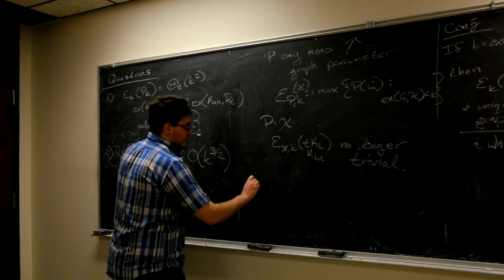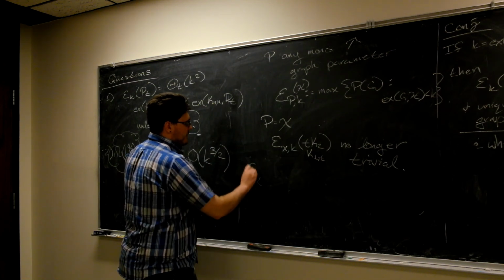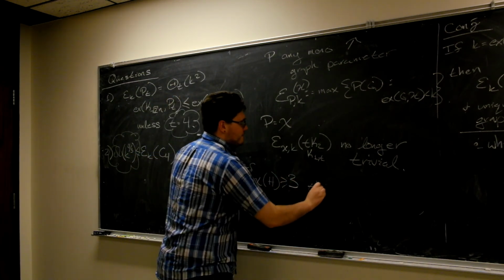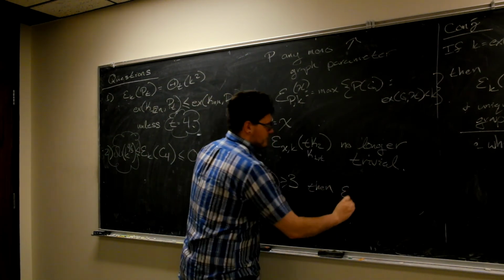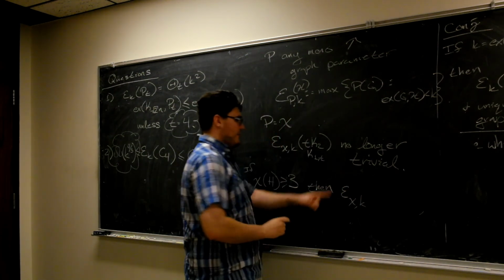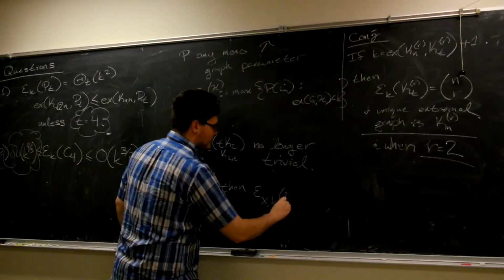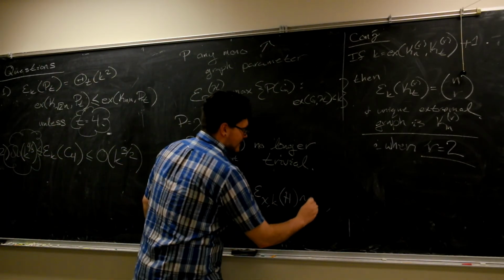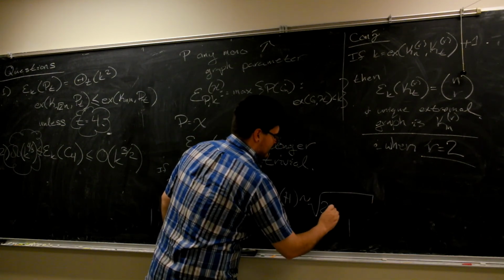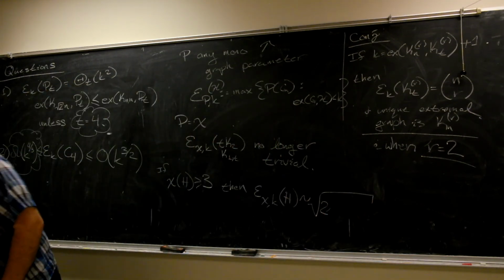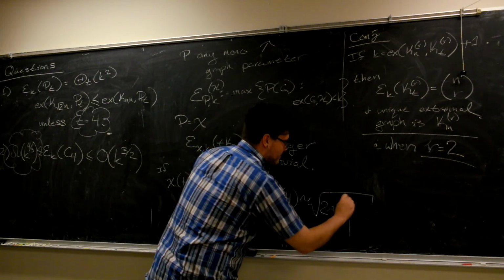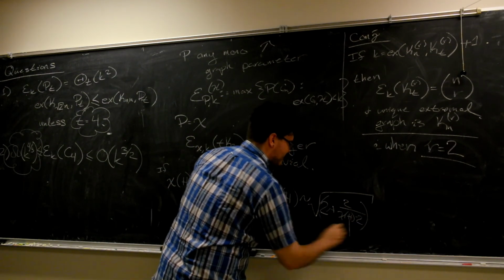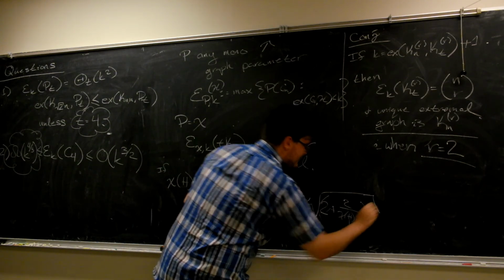But even a matching or a star actually becomes somewhat difficult with this parameter. The only thing I can show is that if the chromatic number of H is at least 3, then E sub chi,k, so the graph with the largest chromatic number which avoids, such that any k edges forces a copy of H, this is asymptotically, let's see here, I wrote it down, 2 plus 2 over (chi of H minus 2) times k, so k in the square.